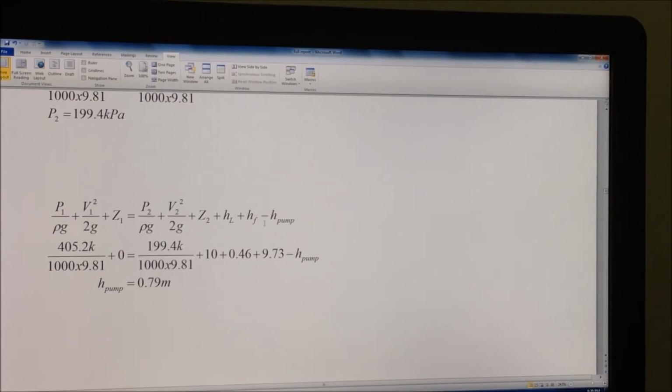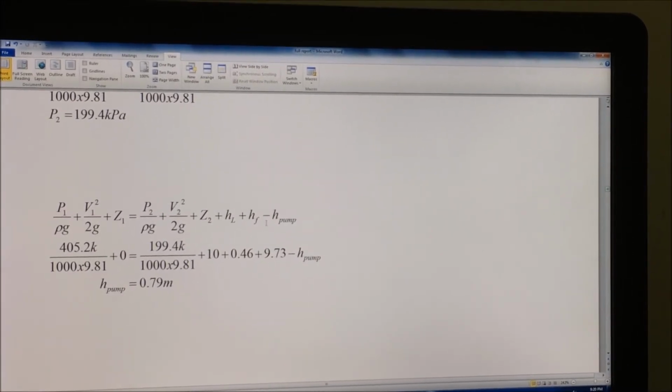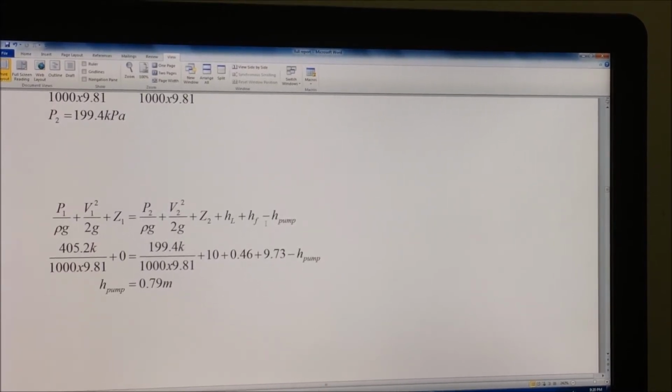After that, we use Bernoulli's equation again to get the H pump and substitute the values that we have found and the values we assumed into the Bernoulli's equation. So at the end, we can get that the head pump of the pipe is 0.779 meter.